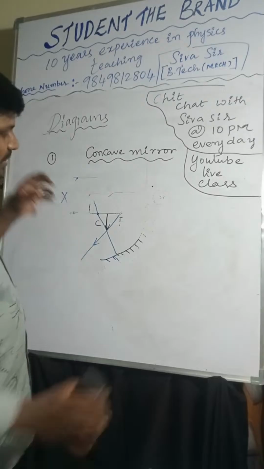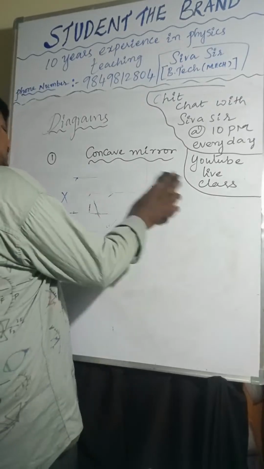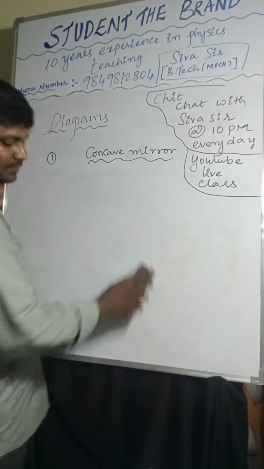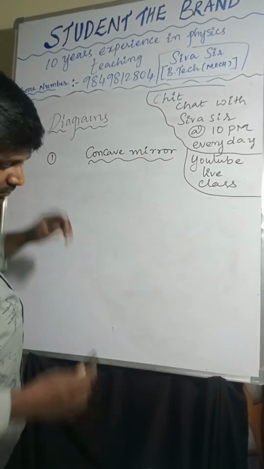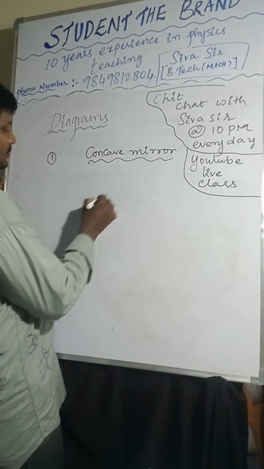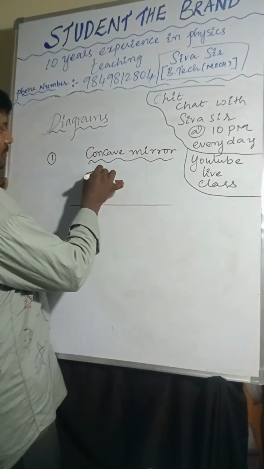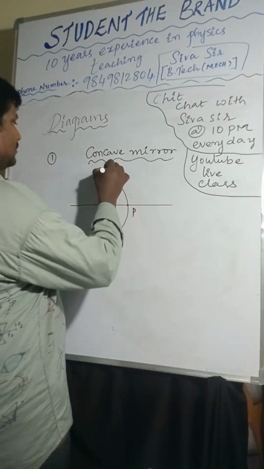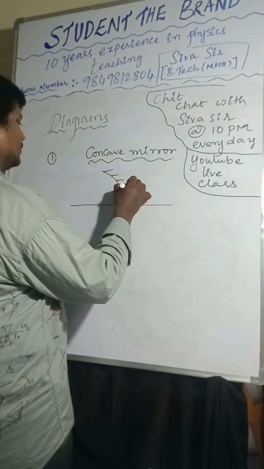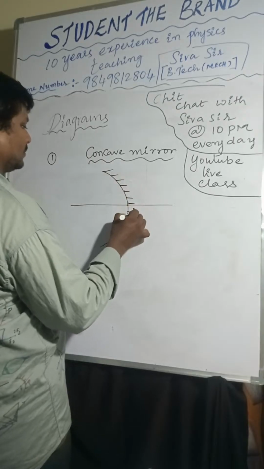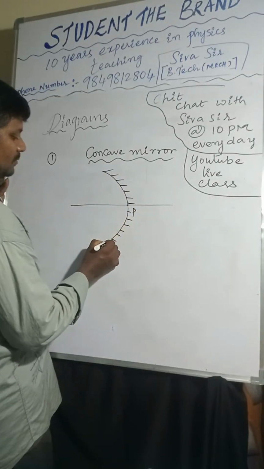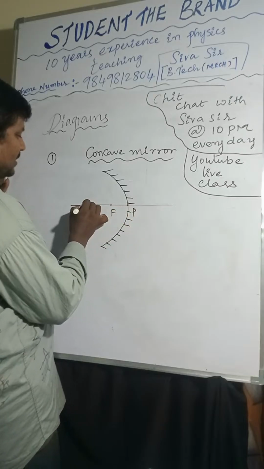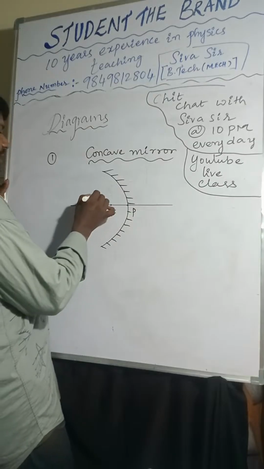Okay, so I'll draw one diagram. You can see. Pole, focus, center of curvature. The object is placed here.